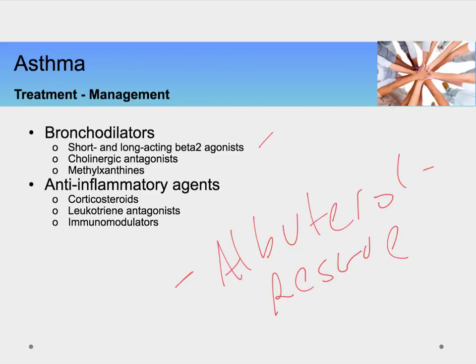Those are two short-acting bronchodilators that work in a little bit different way. The cholinergic antagonist causes bronchodilation by inhibiting the parasympathetic nervous system. So they work with the sympathetic nervous system.